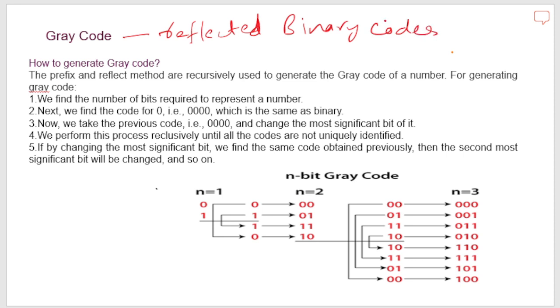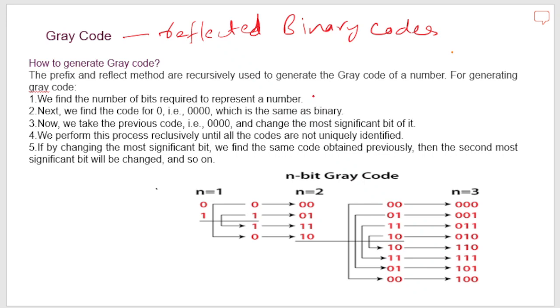Okay guys, the reason for calling the code a reflected binary code is that the first n by 2 values compared to those of the last n by 2 values are in a reverse order.